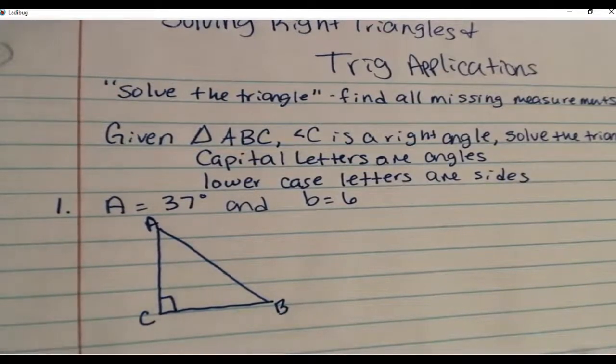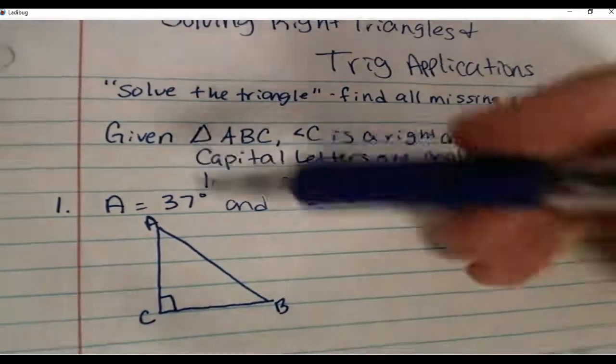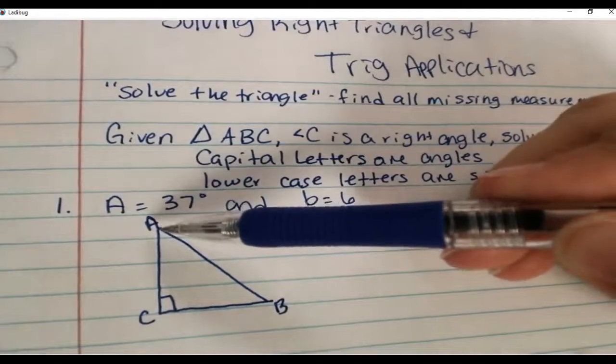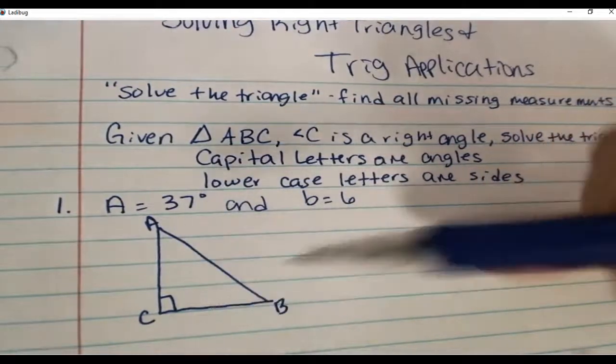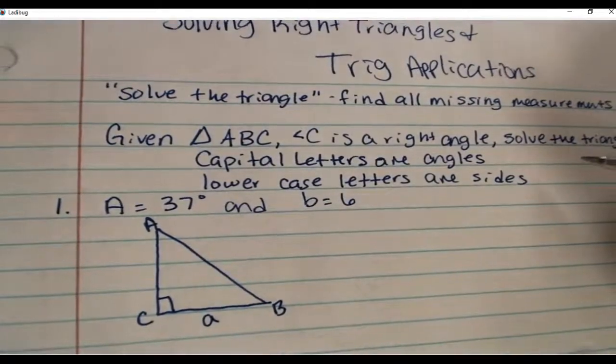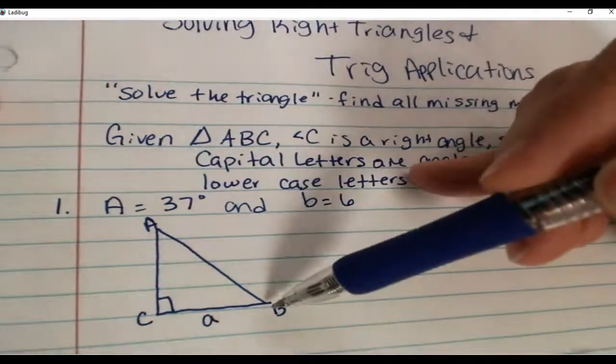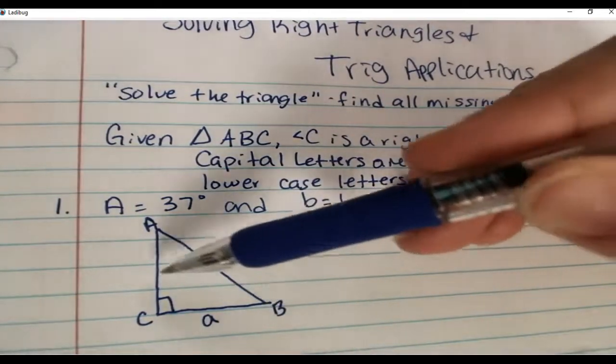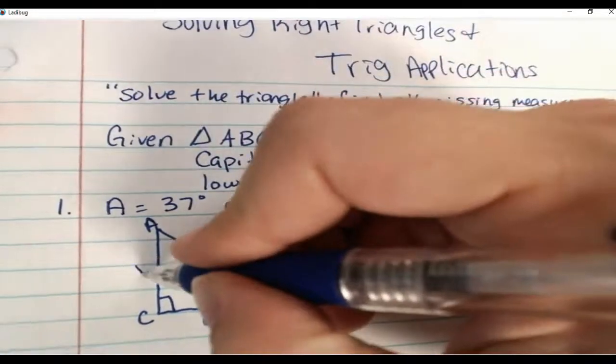What really matters is where you put your sides. Our sides, little a, little b, and little c, are always across from their capital letter. So, if A is up here at the top, the opposite of that is little a. If big B is down here, opposite of that is always little b.